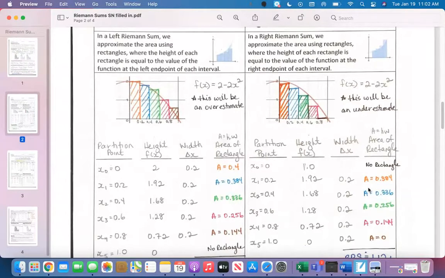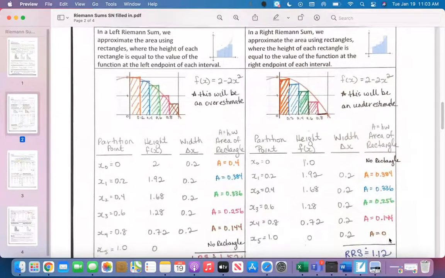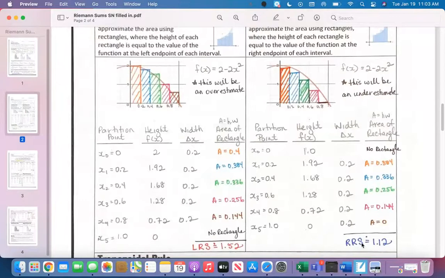So you'll notice when I'm coming at it from the right, when I get to my x naught equals 0 partition point, well, because it's the right endpoint, I'm not going to have a rectangle on the left side of that. So in this case, again, there's no width here, there's no rectangle created. So we're looking at different rectangles then to calculate my right Riemann sum, which is approximately 1.12.